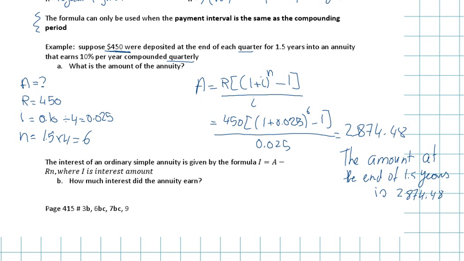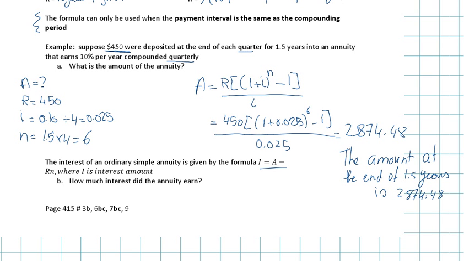You have to calculate how much money he put from his own pocket, by multiplying the regular amount by how many times he put that regular amount in. And then you subtract that from the total value. So this is the formula, but even if you don't remember the formula, just remember what you're doing.